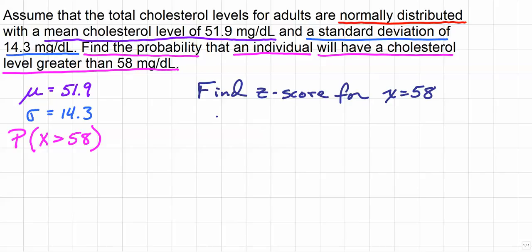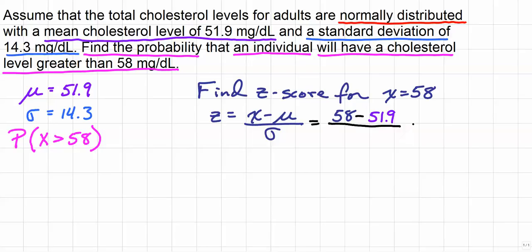And remember that z is calculated using x minus mu over the standard deviation. So x is 58. We're going to subtract from that our mean, which is 51.9, and then divide that total by the standard deviation, which is 14.3.